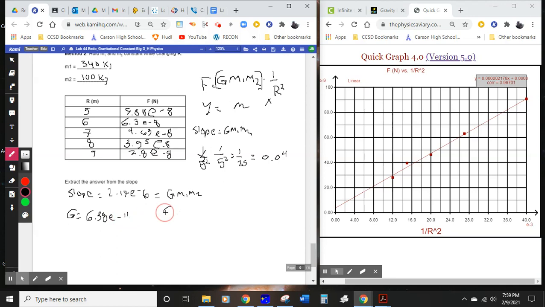Remember the accepted value is 6.67 e to the minus 11. So go ahead and do a percent error calculation and see how close we were.